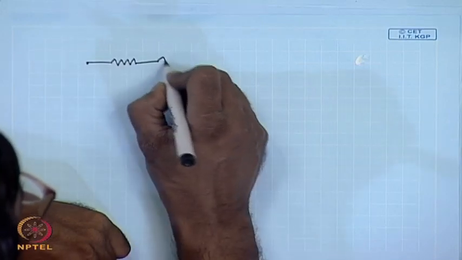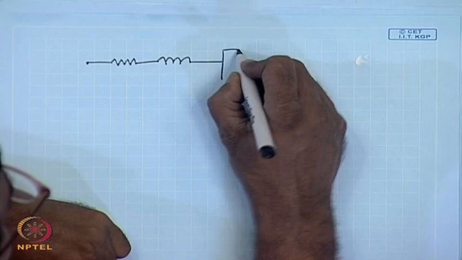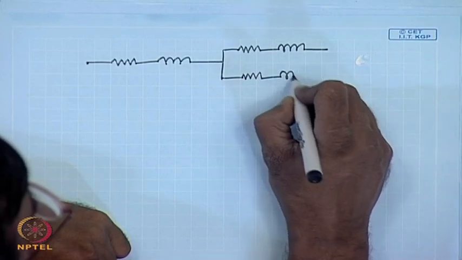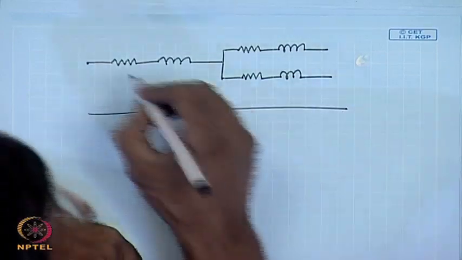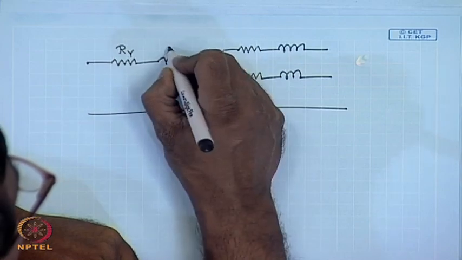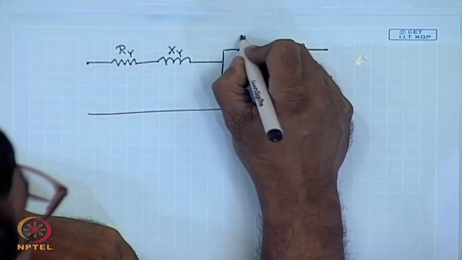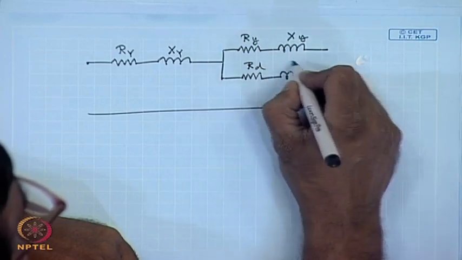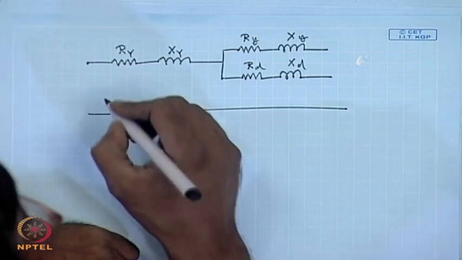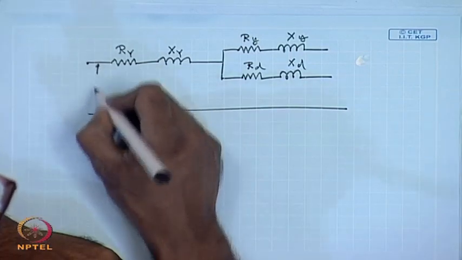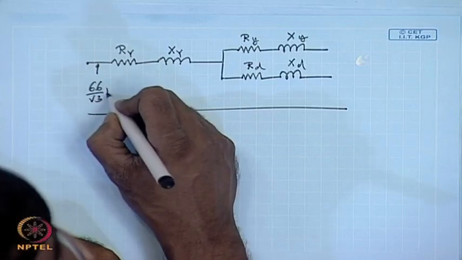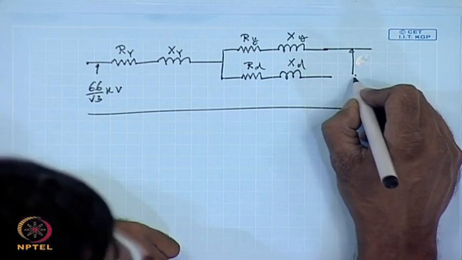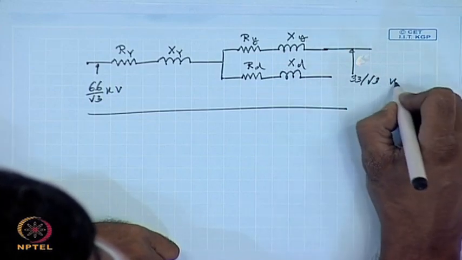This is R capital Y, this is X capital Y, this is R small y, this is X small y, this is R small d, this is X small d. This voltage is 66 by root 3 kV. This voltage is 33 by root 3 kV.